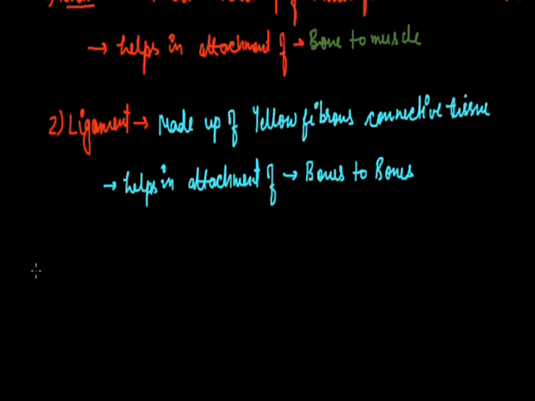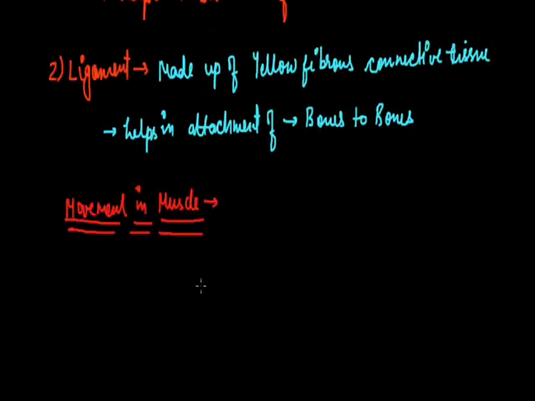Now the next topic we are going to start is movement in muscle. Muscles are made up of two kinds of contractile protein, and they are actin and myosin.